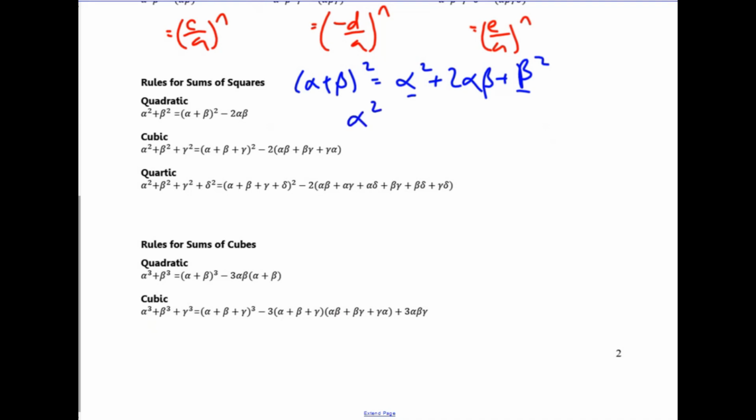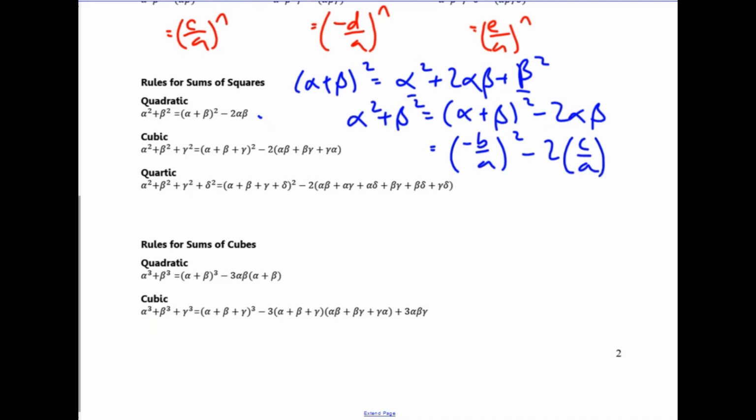So if I want a result for alpha squared plus beta squared, all I have to do is take that 2 alpha beta across, and this is the result that's given. Now this is useful because you've got alpha plus beta, which is the sum of the roots of a quadratic, which is equal to minus b over a.